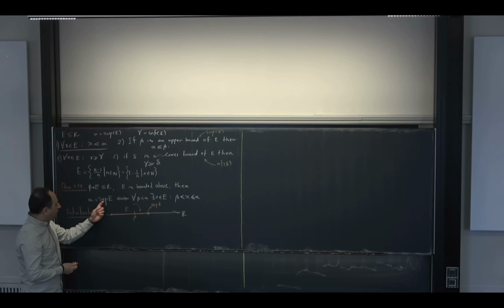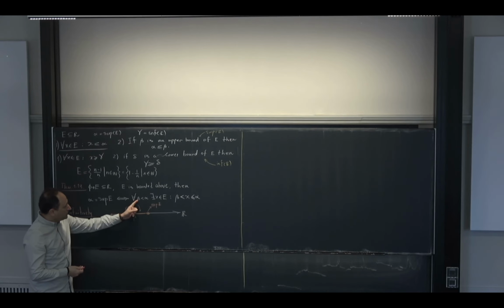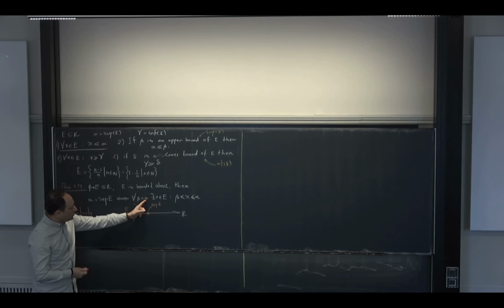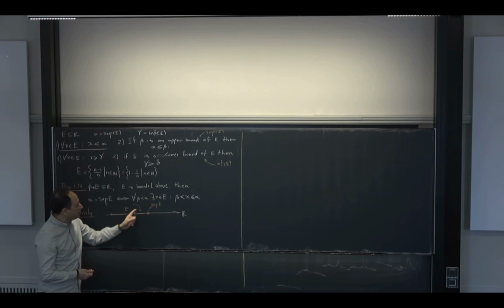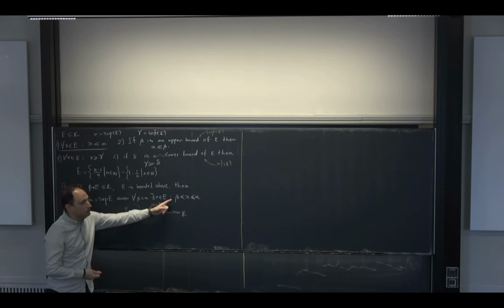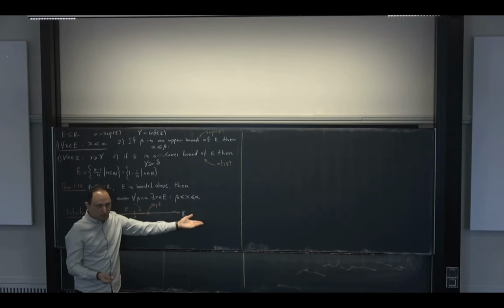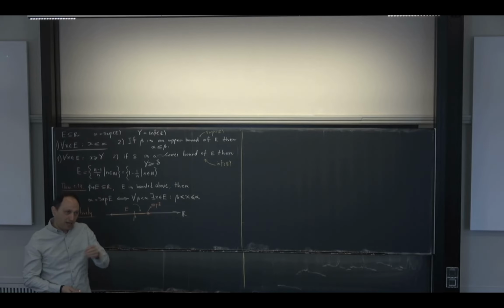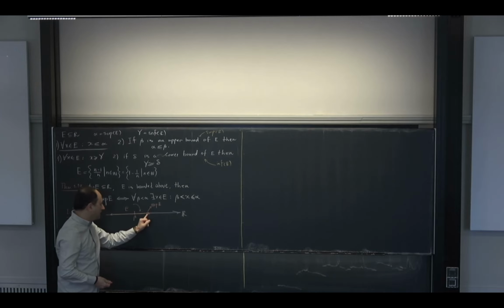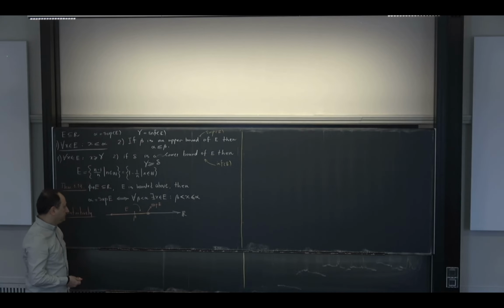So if alpha is the supremum and beta is a number which is guaranteed to be smaller than my supremum, I can always find a number within my set which is larger than this beta. And of course, it cannot go beyond alpha because alpha is an upper bound. But it can be equal to alpha in the case that this is filled. It could be possible. Is that clear?